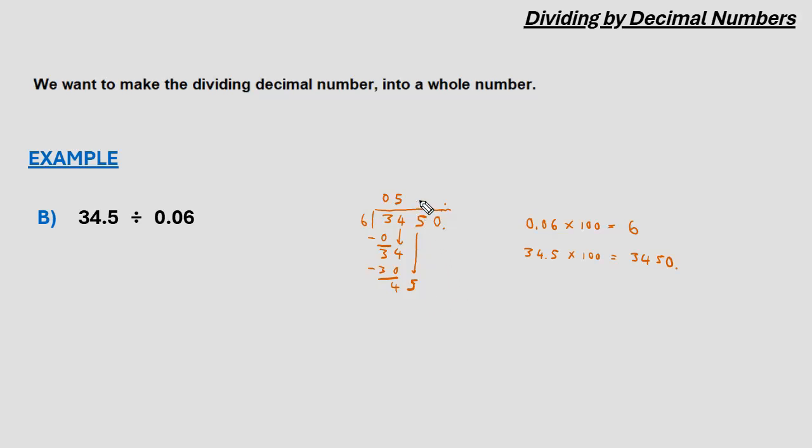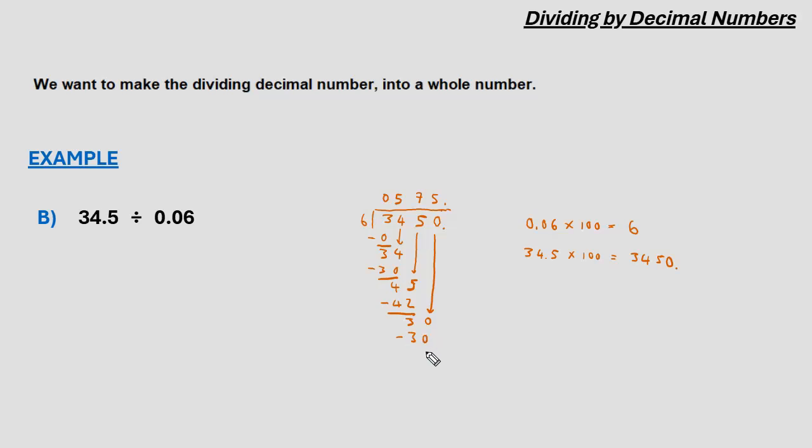And 6 goes into 45 7 times. 6 times 7 is 42. Subtracted gives us 3. And if we bring the 0 down alongside the 3, we get 30. 6 goes into 30 5 times.